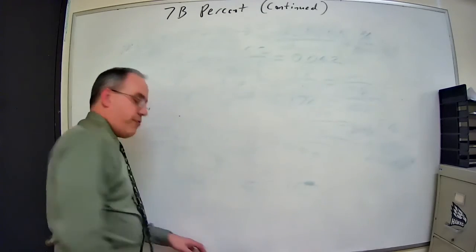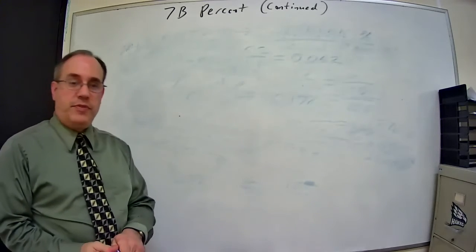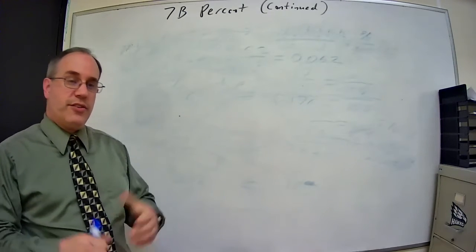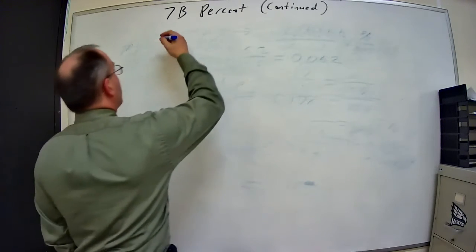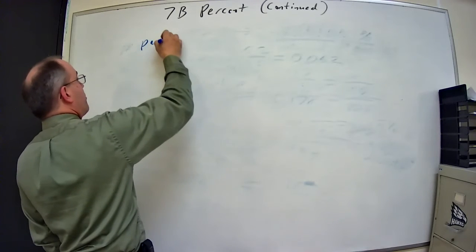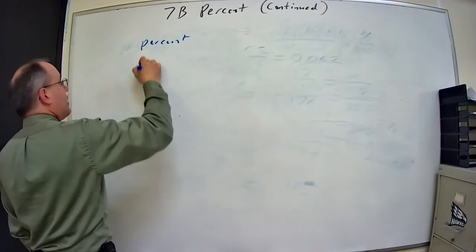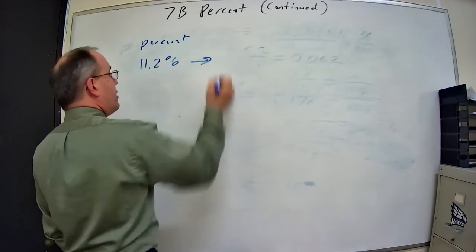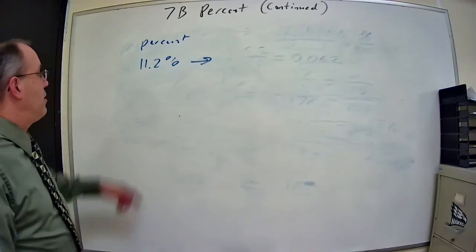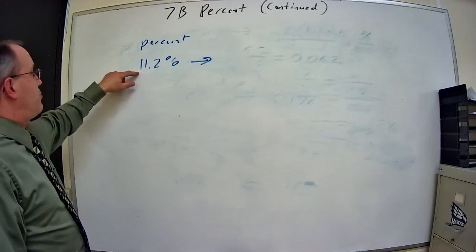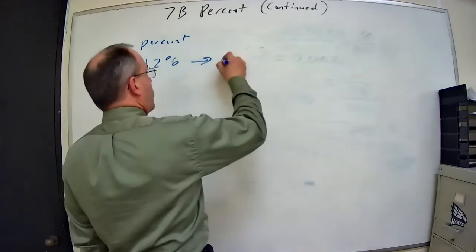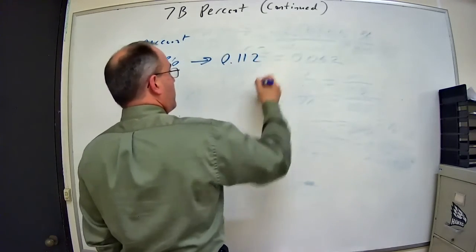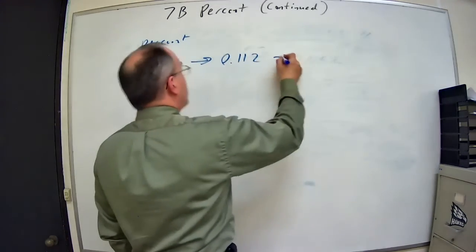If you want to convert a percent to a fraction, start with the percent, 11.2%, and convert it to a decimal, which moves the decimal point 2 places to the left, 0.112 as a decimal.